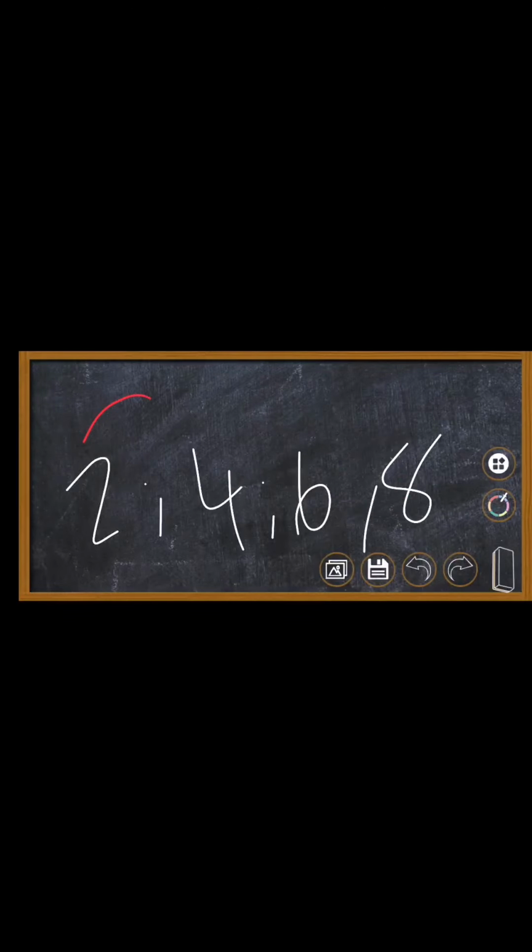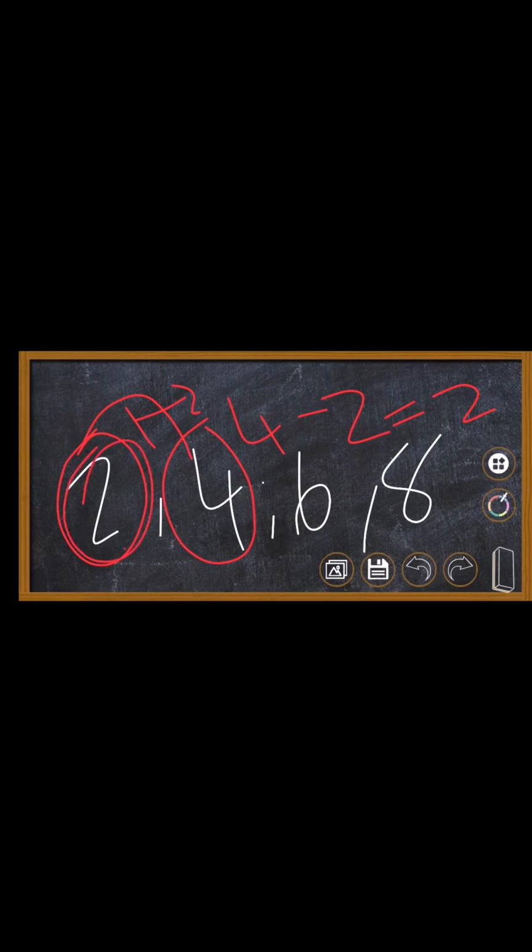So we take this 2 and we find out how we got to 4. We say 4 minus 2, so you subtract the previous number and you get 2, meaning we are adding 2 to 2. So 2 plus 2 we get 4, 4 plus 2 we get 6, 6 plus 2 we get 8, and 8 plus 2 we get 10, and so forth. So the difference here is we are moving in twos.